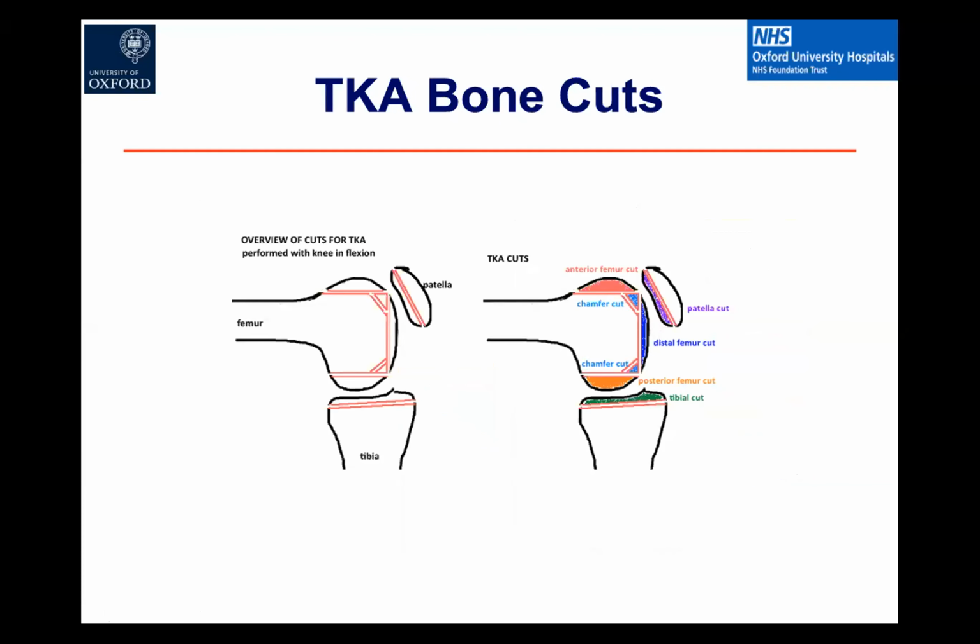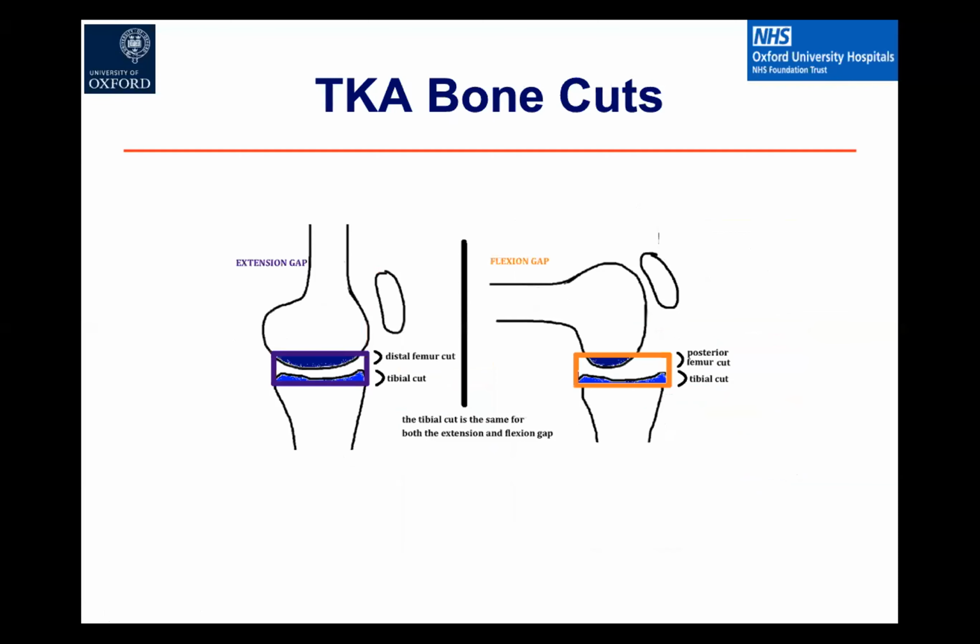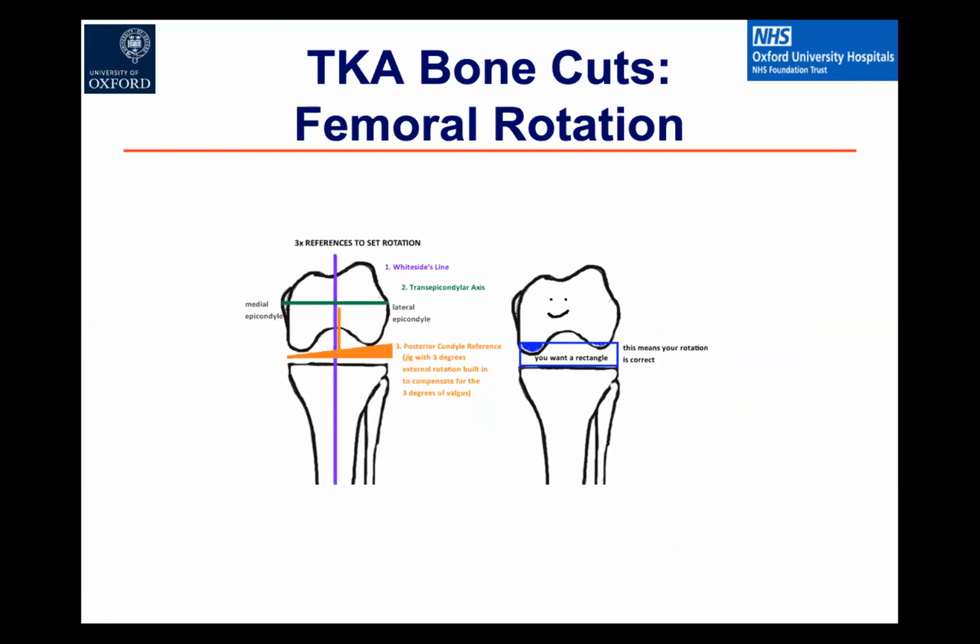Your standard bone cuts in TKA are your anterior and posterior chamfers, your anterior and posterior femoral cuts, your distal femoral cut, and then your tibial cut, which is the same in flexion and extension.